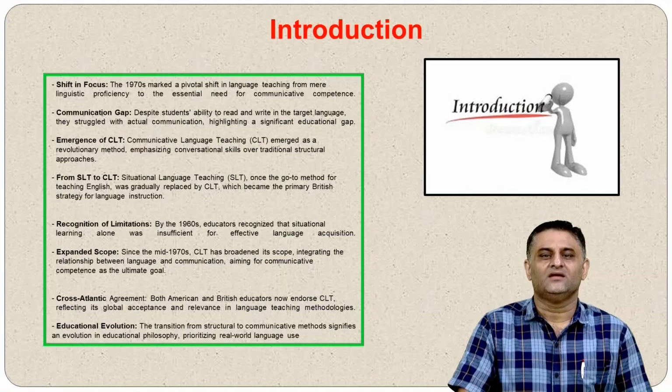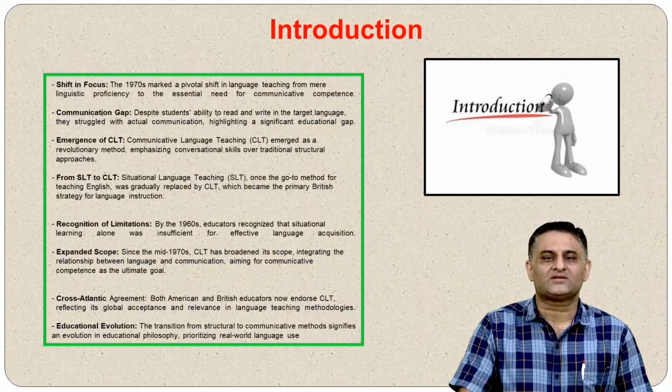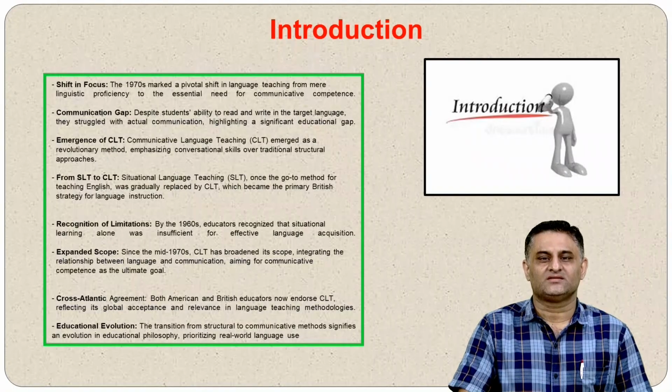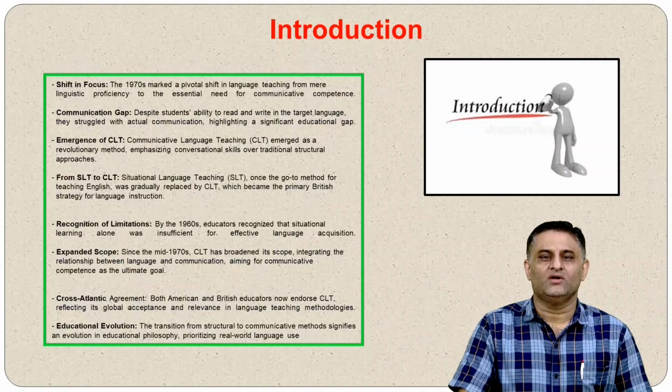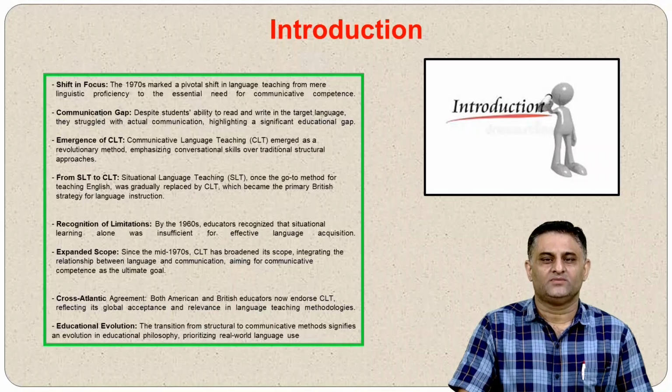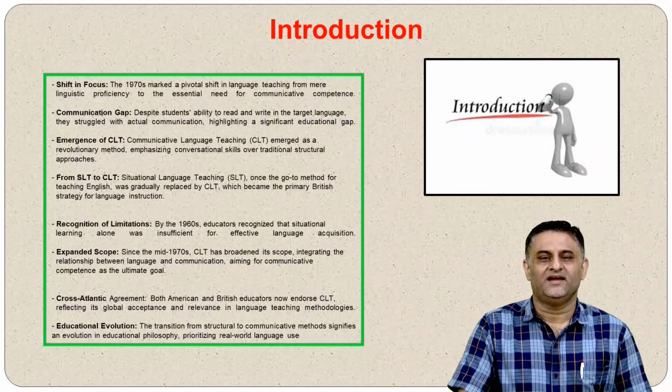Earlier methods like situational language teaching, which relied on fixed dialogues and vocabulary drills, were found too limited, and by the mid-70s, CLT began taking over, first in Britain and then globally. The new approach encouraged students to use language in meaningful ways like solving problems, having conversations, and expressing opinions.